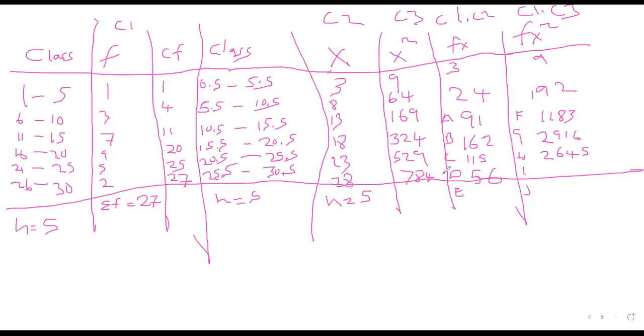Then again 2 times what? 2 times 784. What do we get? 1568.